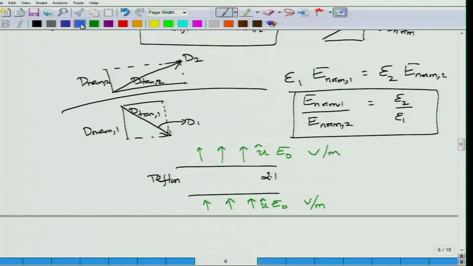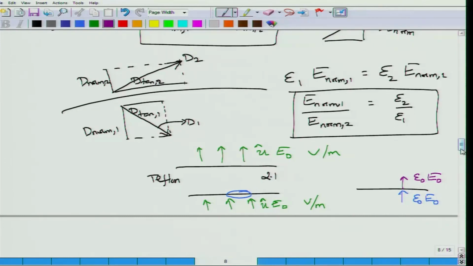What about fields inside? Now look at this lower boundary. In this boundary the electric field is coming in normal. What would happen to the normal D field here? It would be the same except that it gets multiplied by epsilon 0, correct. So the normal D field at this boundary will be epsilon 0 E0. What should be the normal D field inside this medium? That should be equal to epsilon 0 E0, correct, because DN1 is equal to DN2.